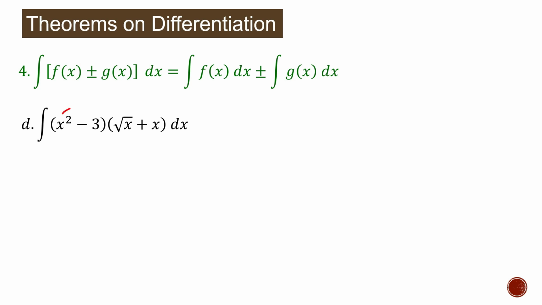So that means this times that is equal to x. Now that's 2 and this is 1/2. So 2 plus 1/2 is 5 over 2.